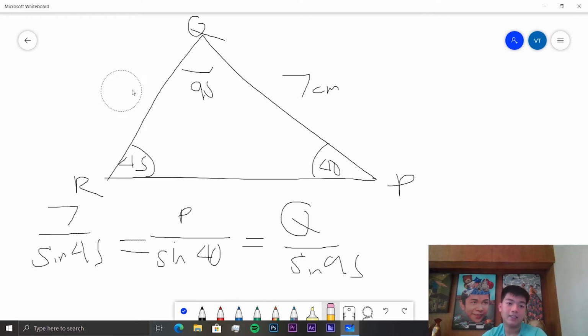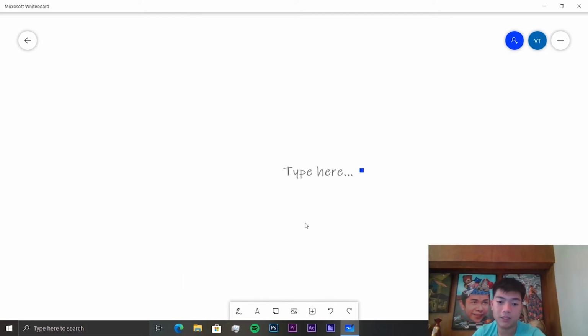I was thinking in tangents. Anyway, 7 times sine 40 over sine 45 is equal to around 6.36. And then 7 over sine 45 times sine 95 is equal to around 9.86. So these look like more believable numbers. Let's move on to the next question.